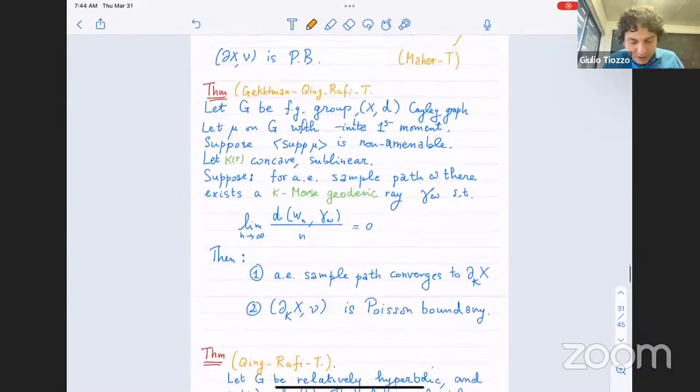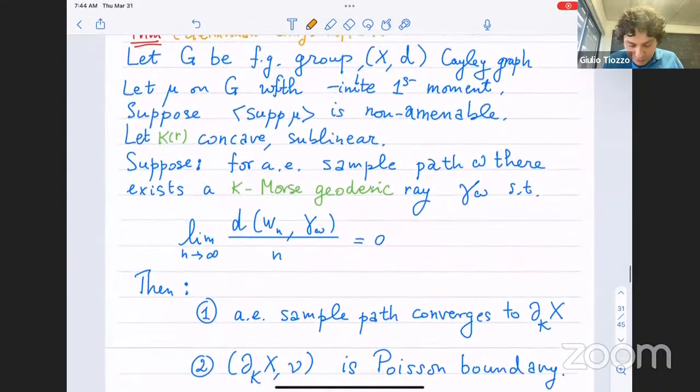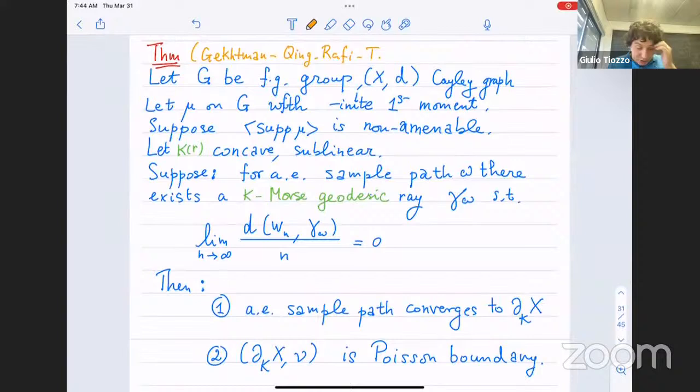state at least one of the main theorems. This is a pretty general theorem that we have with Yolan and Kajro, and also a contribution from Ilya, a general identification criterion for Poisson boundaries with the sublinearly Morse boundary. You start with any finitely generated group, take its Cayley graph, and take a measure with finite first moment. The first thing you have to suppose is that the support of the measure generates a non-amenable group.